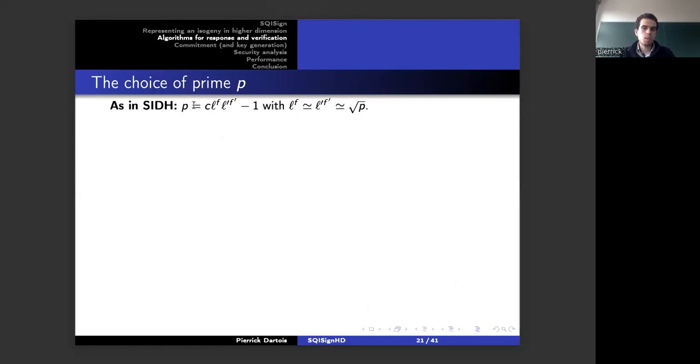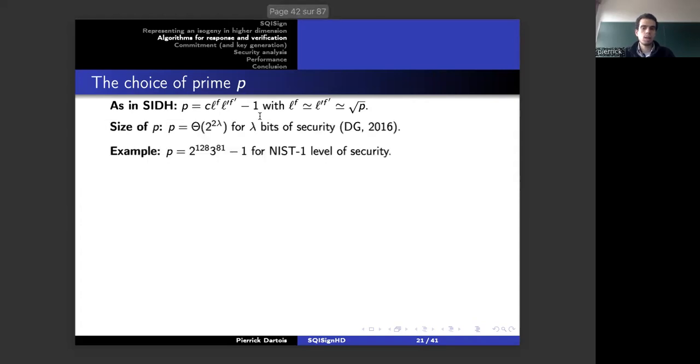We take p = c · l^f · l'^f' − 1, where l^f and l'^f' are close to square root of p, and c, of course, as small as possible. And so those l and l' are small primes. So it's exactly as in SIDH.